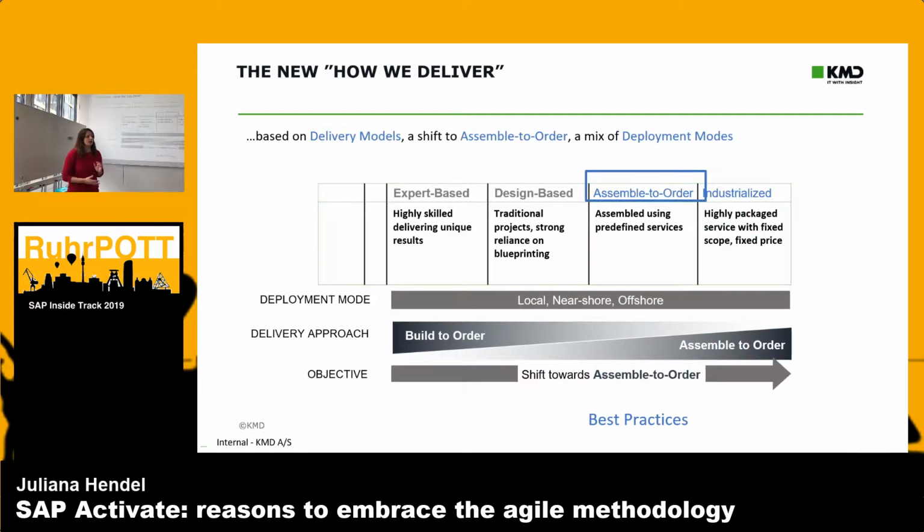Why do we have that kind of project style? We used to have a very different delivery approach. Before, we had a build-to-order approach, and we are now moving to assemble-to-order approach. What does it mean? It's a whole paradigm shift in the way we run our projects.